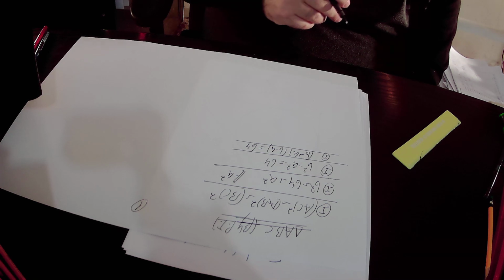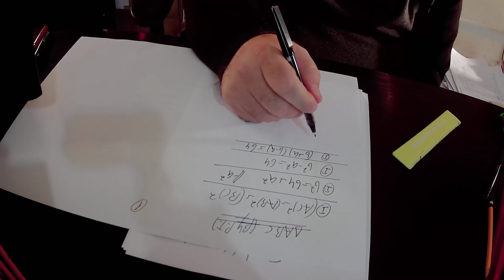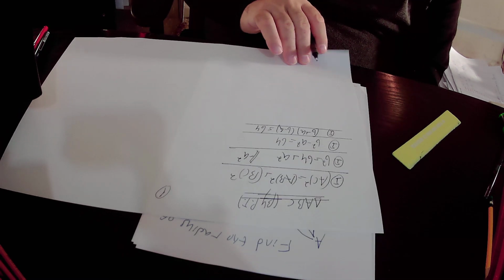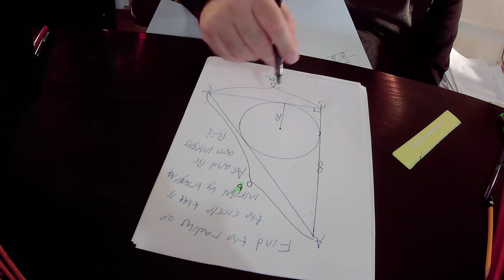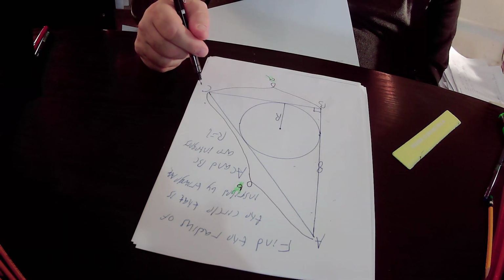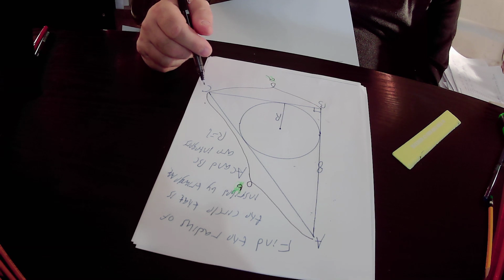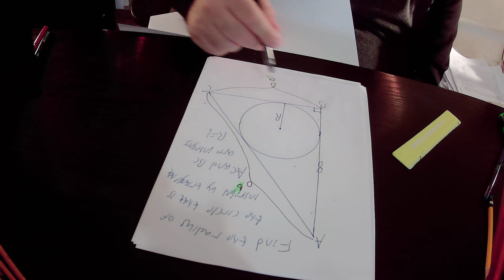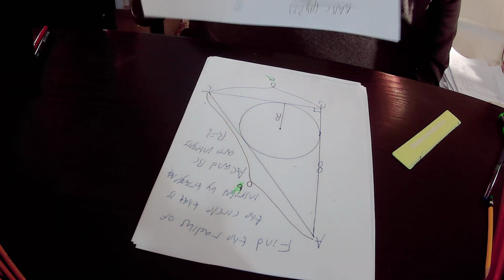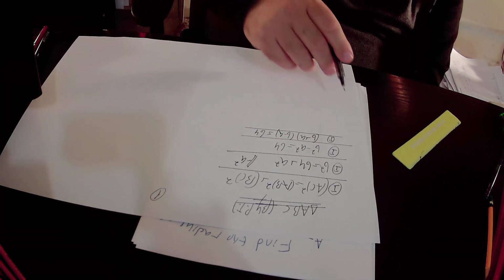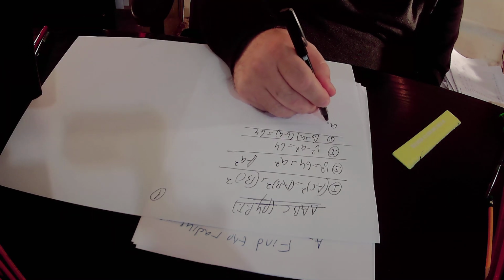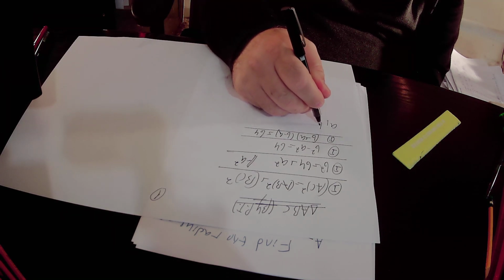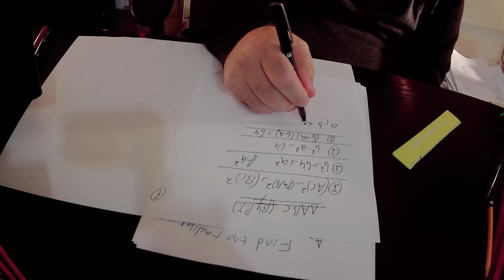According to what is given in the question, AC and BC are integers, but AC equals b and BC equals a, so a and b are integers.